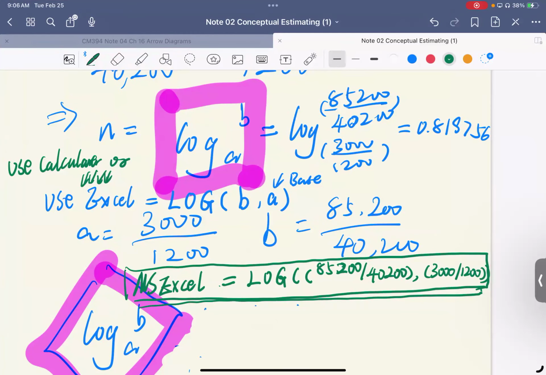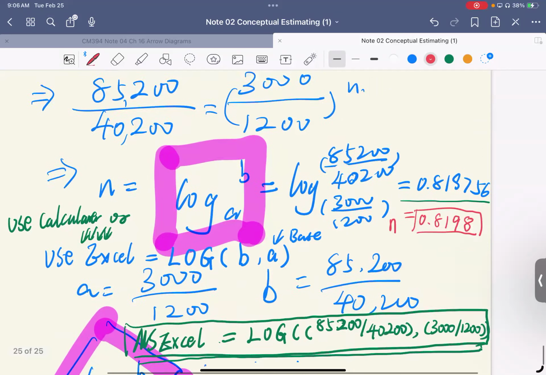All right, so come to here, we already solved this question. And make sure you are using 4 decimal places, 0.8198, okay? So the n is equal to this.